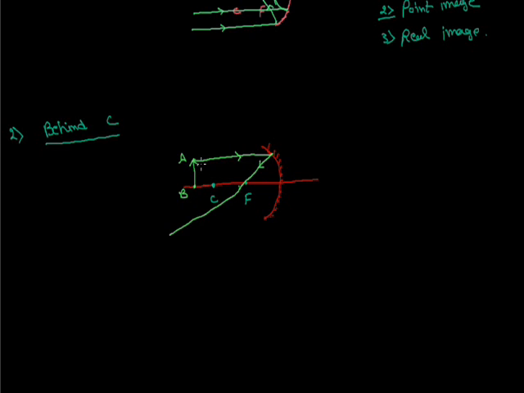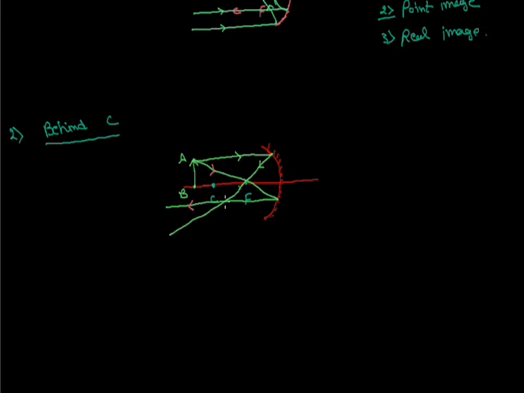Now use the second rule: whenever a ray passes through the focus, after reflection it will be parallel to the principal axis. It will come in this direction and reflect back in this direction. Look here, the first ray comes this way and this way, and the second ray comes this way, here and here.